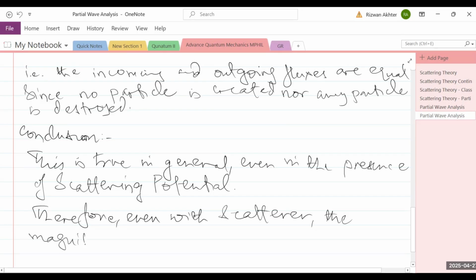Magnitude of, we are now doing time independent scattering, in the future we would be doing time dependent scattering as well. So in the future we would be referring to these two parts of the wave as the in and the outgoing waves. So the wave function would be subscripted as psi in and psi out, the two superposition states of the total wave function.